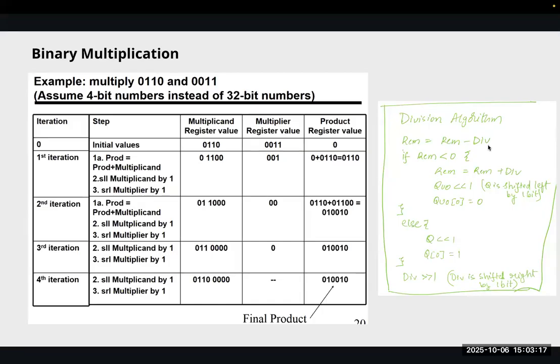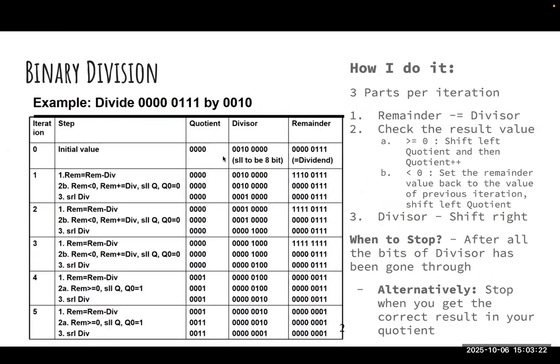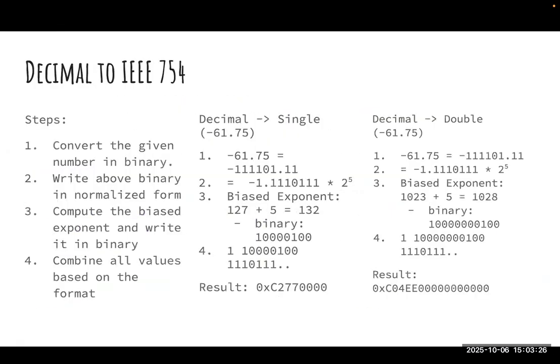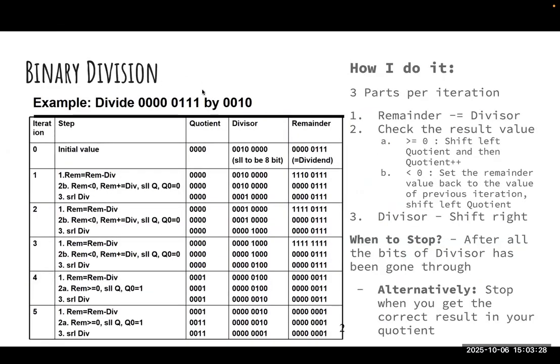Let's move to this one. You're going to divide 0, 0, 0, 1, 1, 1 by 0, 0, 1, 0. Your quotient is going to be 0 from the beginning. Your divisor is 0, 0, 1, 0.